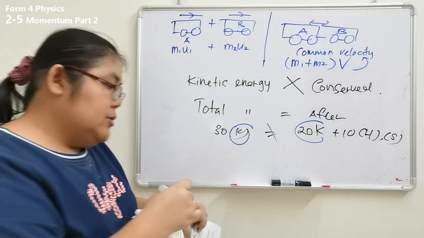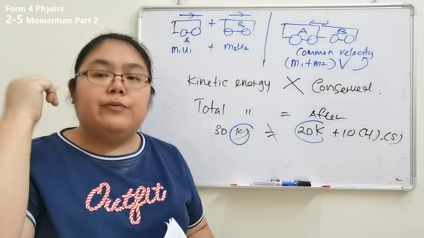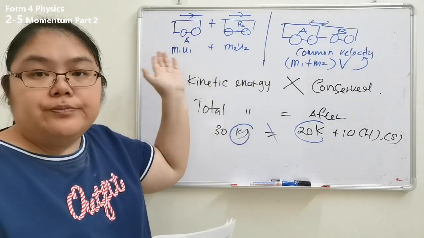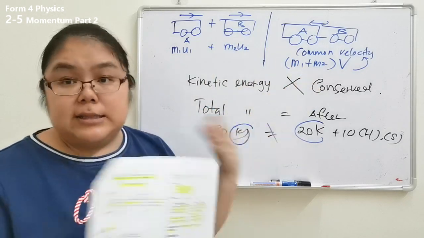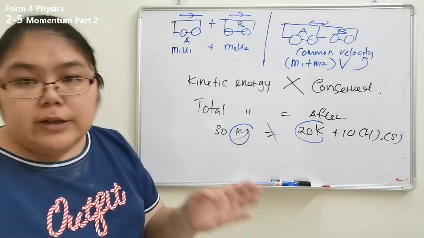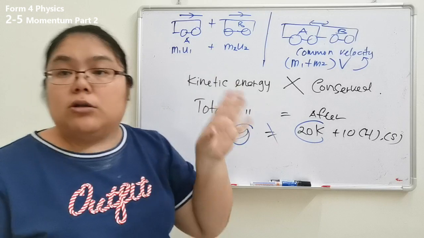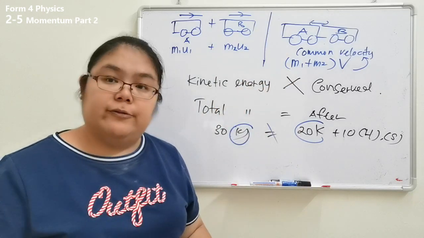Understand? So what's the difference between elastic and inelastic? We have two differences. One is before, separate, after, this one sticks. Elastic is separate. Another difference, kinetic energy. Kinetic energy is always not conserved for inelastic, but for elastic, conserved.